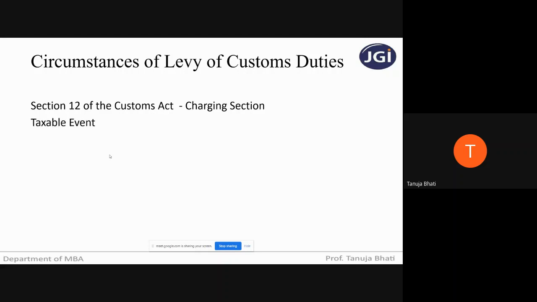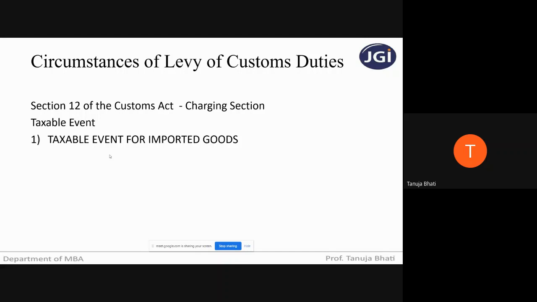So let us see the taxable event in different situations. Taxable event for imported goods. Now you know what are imported goods. Suppose you're unloading the goods. Once the goods reach the custom port, you're unloading the goods from the transport. Suppose if it is through plane, you have to unload the goods. If it is through ship, you have to unload. Unloading is nothing but taking from that particular vessel to the outside of the vessel.